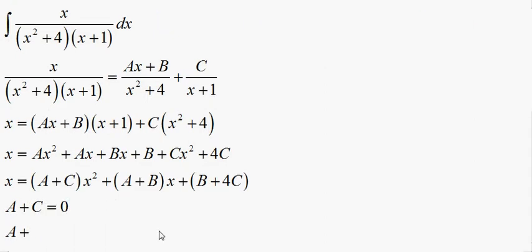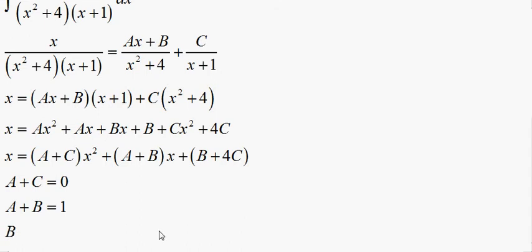By the same logic, a plus b is equal to 1, and b plus 4c is equal to 0, because there's no constant term on the left, but there is a first degree term, and the first degree terms have to be equal. So, from this, a is equal to negative c, and b is equal to negative 4c.